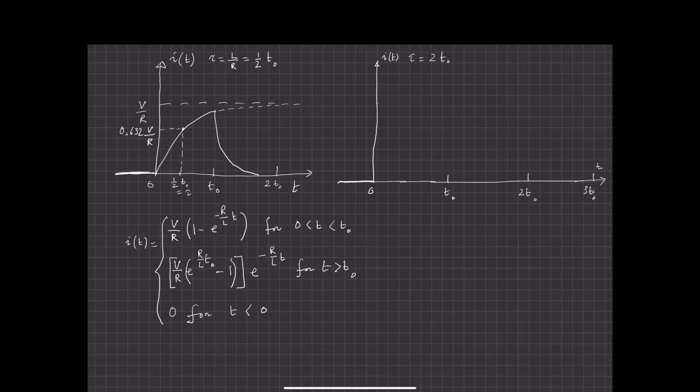This is V over R. Now tau is 2T naught, so 2T naught is tau. And so at 2T naught, this is tau.